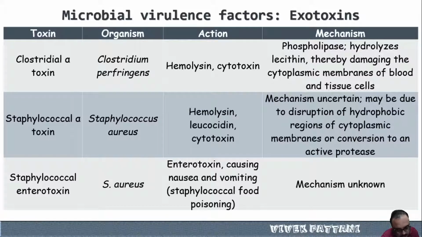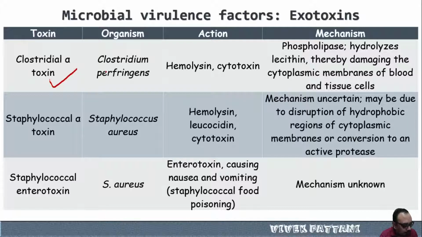Another plasmid-mediated toxin, an enterotoxin, is made by food poisoning strains of Staphylococcus aureus. Now let me discuss some of the mechanisms of some of the exotoxins.